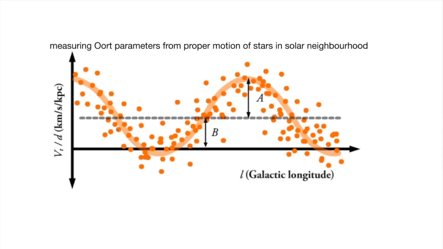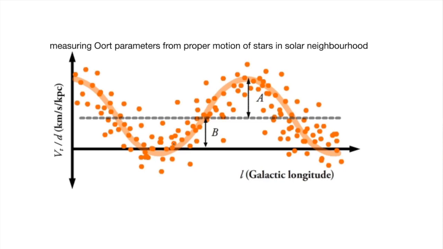Now, if you recall the expression, there was B d plus A d cos 2l. So there is this varying factor which goes like cosine of 2l, and then there is this offset which gives you a sense of B, the vorticity in the stellar rotation around the sun.